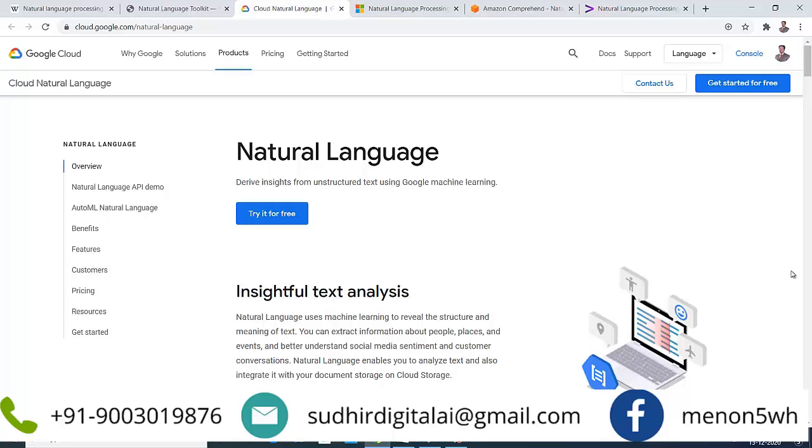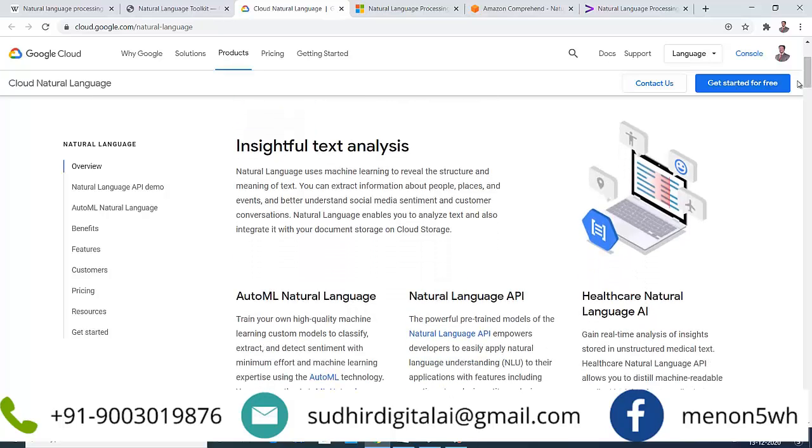Okay, so if you want to go to natural language, there is an API from Google Cloud. There's something called AutoML Natural Language. You can derive insights from unstructured text using Google machine learning. So what Google Cloud provides you is insightful text analysis.